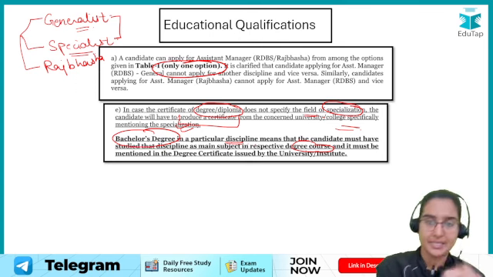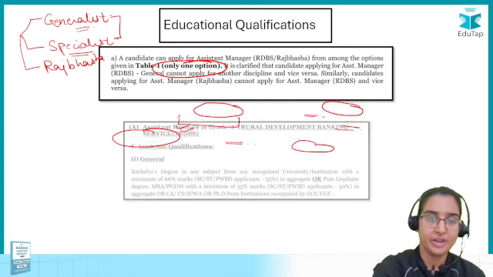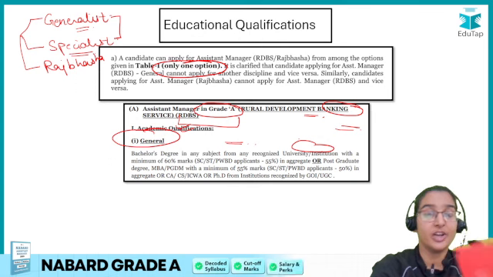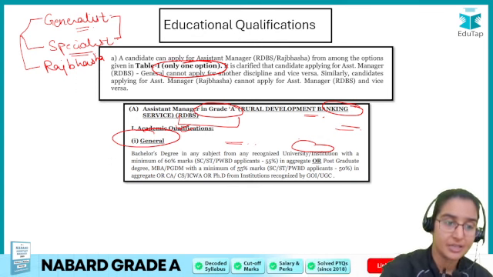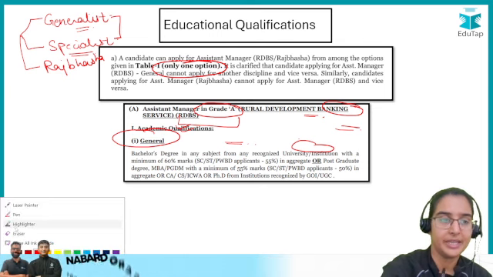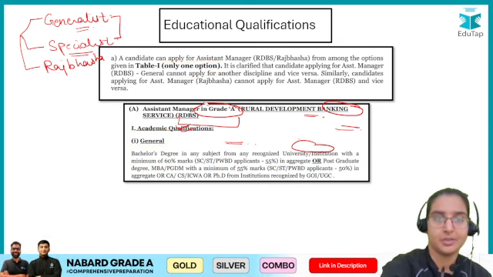So I hope this piece of information will be helpful for the students who are going to appear from the specialized streams. Now our entire video is going to be focused on the generalist stream students, right? Let me erase these diagrams or circles which I have made here.